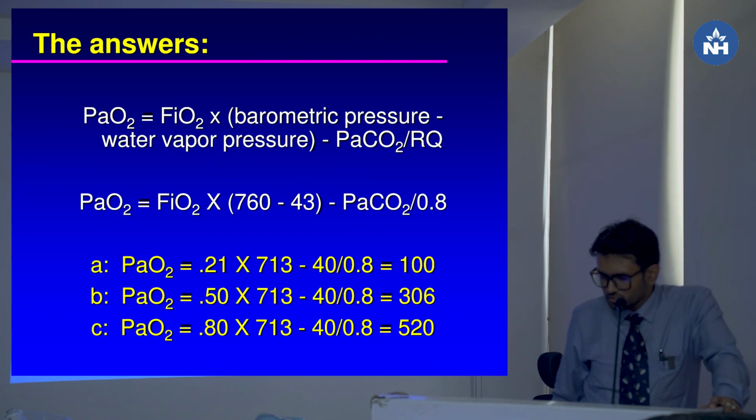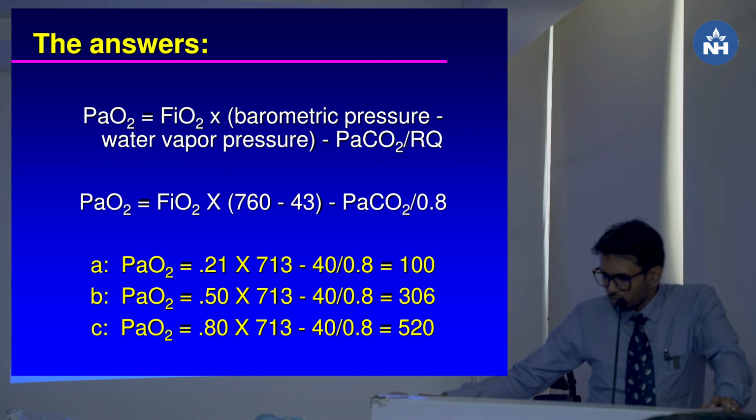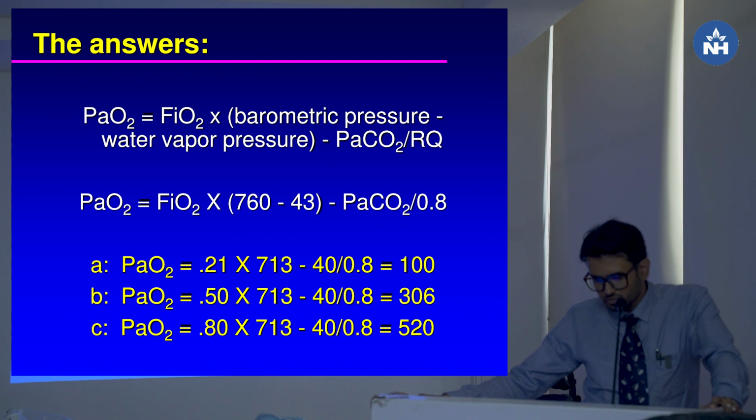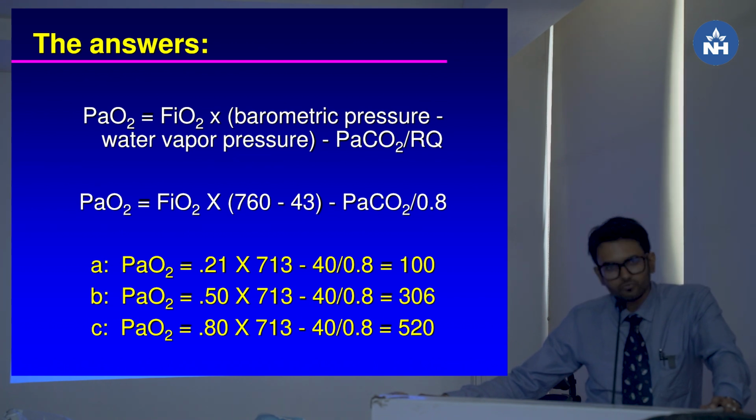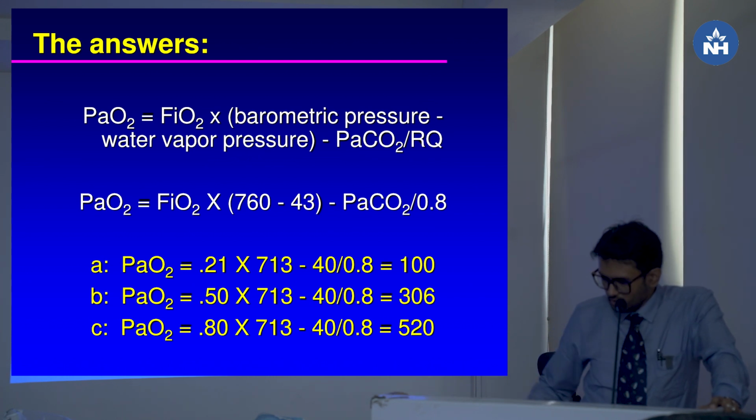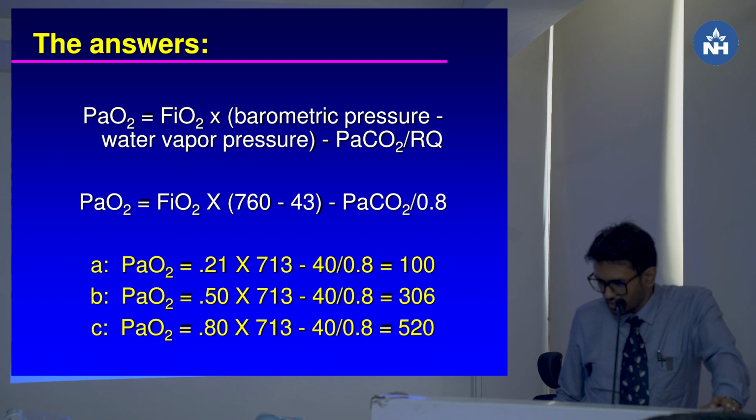The formula is: FiO2 times barometric pressure, which is 760, minus water vapor pressure 43, minus partial pressure of carbon dioxide divided by the respiratory quotient, 0.8. In room air, with the standard calculation, it should be 100. With FiO2 of 0.5, the PO2 will be 306, and with FiO2 of 0.8, PO2 will be 520.